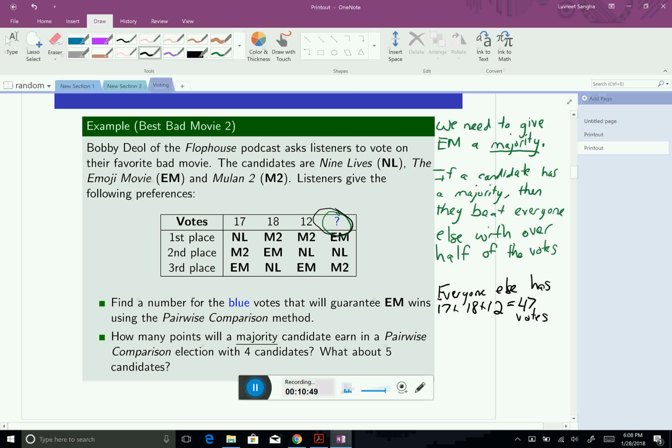So for EM to have a majority, EM has to have more than everyone else combined. So EM needs at least 48 votes in column 4 to have a majority.